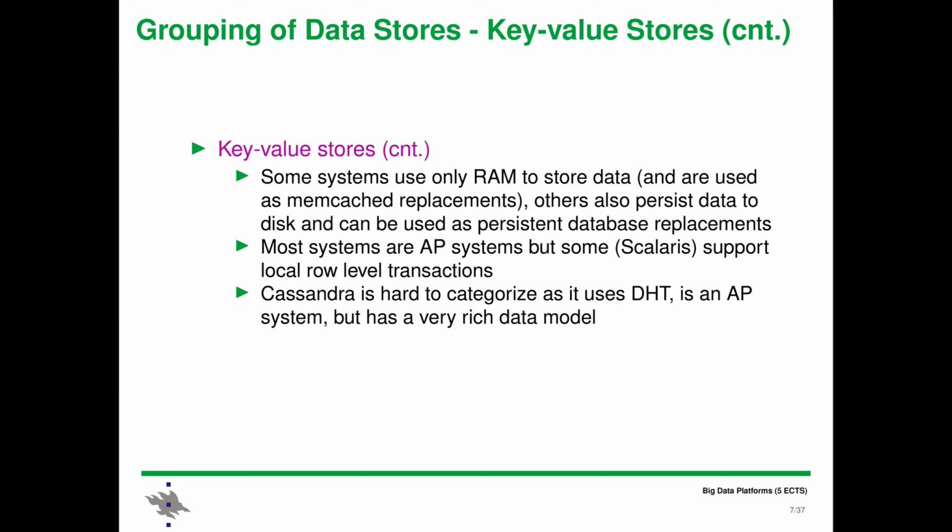So basically, it has a data model that allows very structured data. Looking at the data model, it's way ahead of many of the other key value stores in features. Okay, that's what I have for key value stores.